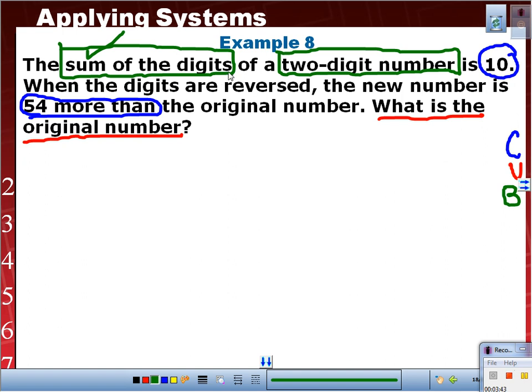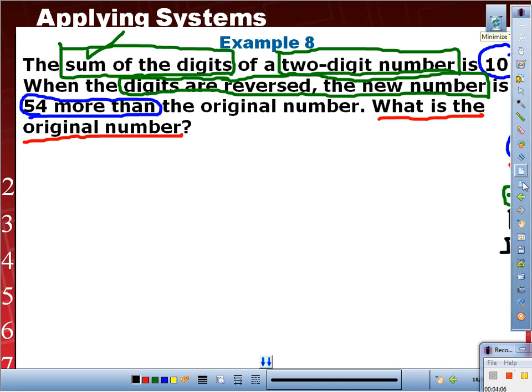And then at the end, it says digits are reversed, and then we get a new number. There it is. So, we exclude anything else, and we're going to draw our table.